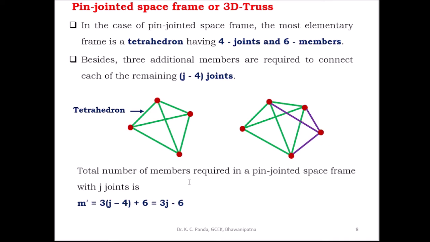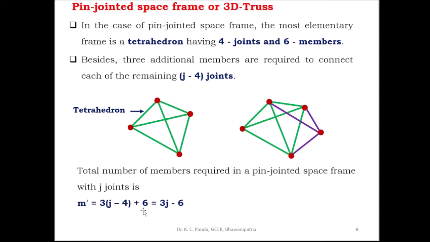So the total number of members required in a pin jointed space frame with J joints is M dash equal to 3J minus 4 plus 6. The 3 times (J minus 4) is the members required for the additional joints, and this 6 is the preliminary members required for the tetrahedron.